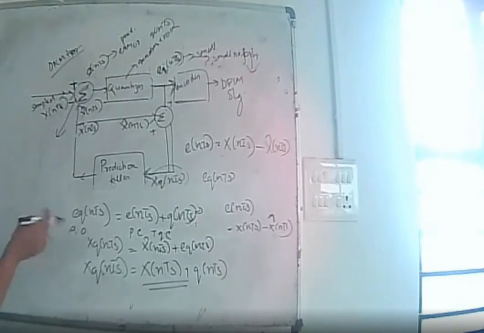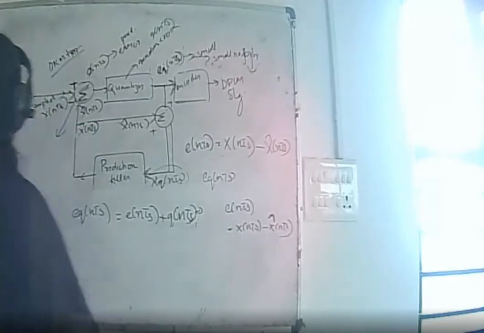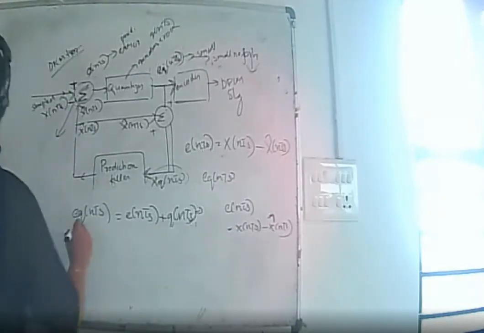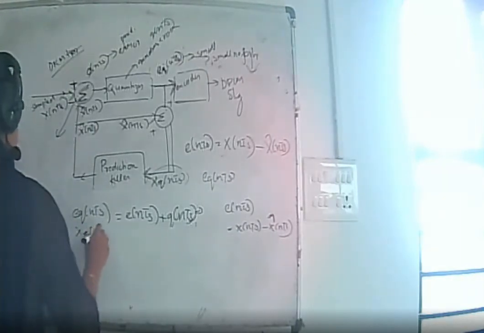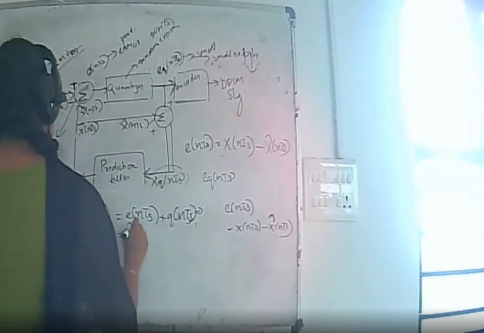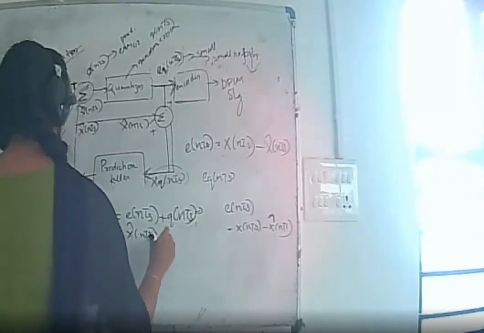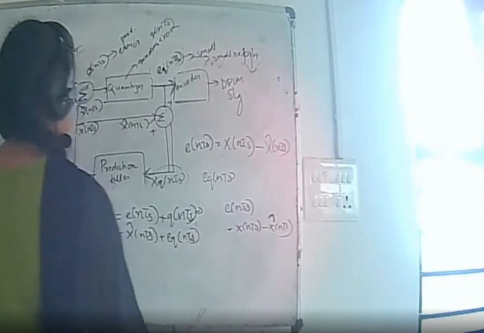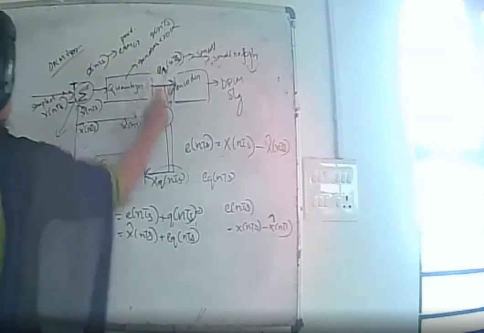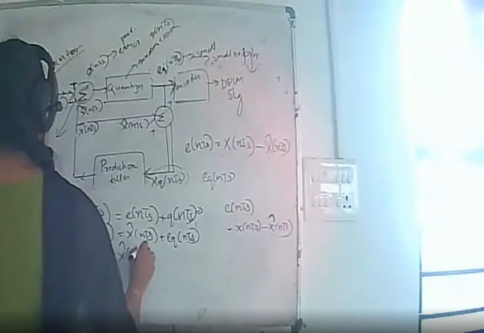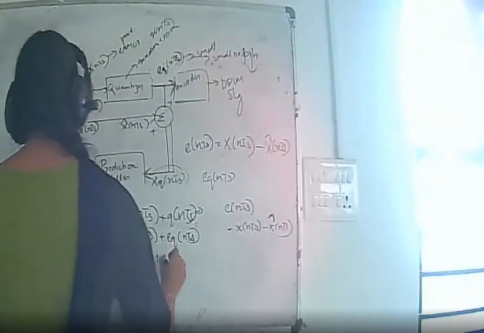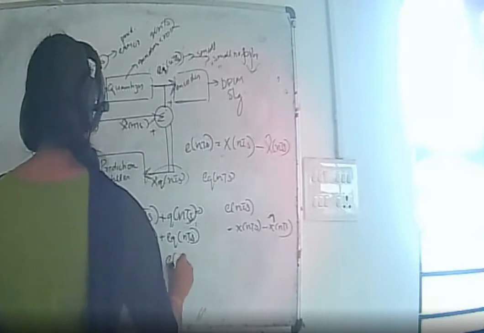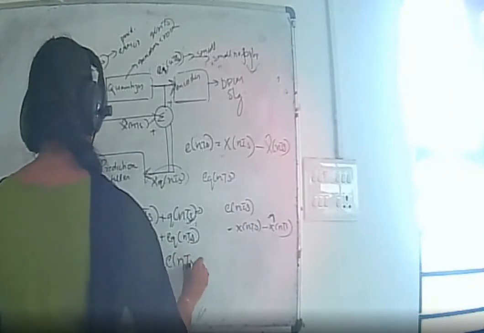That is, X_q of nTs is X cap of nTs plus E_q of nTs, from here. So X cap of nTs plus E plus Q of nTs.